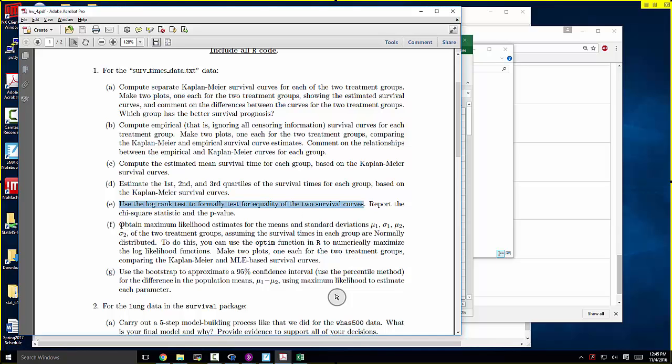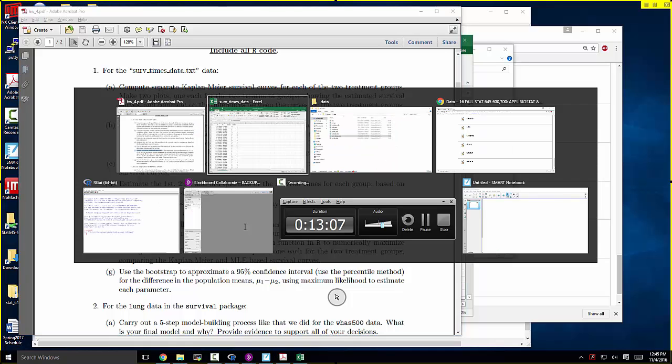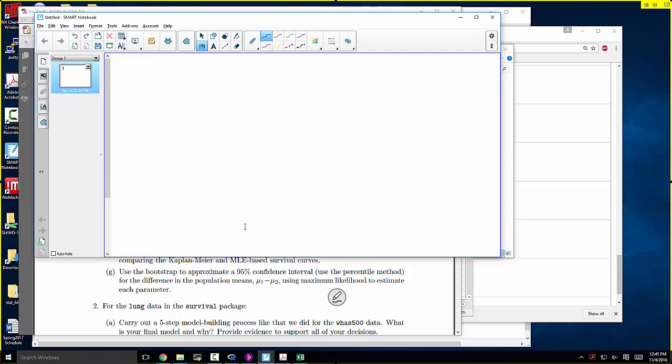And then I want you to do maximum likelihood estimation of the survival curves. Kaplan-Meier is a non-parametric survival curve estimate. There's no assumption of a distribution of the survival times. And as a result, we get kind of a rough estimate, a step function estimate.